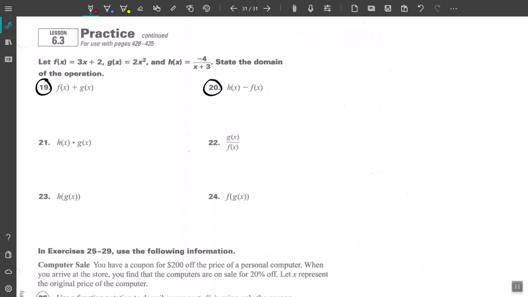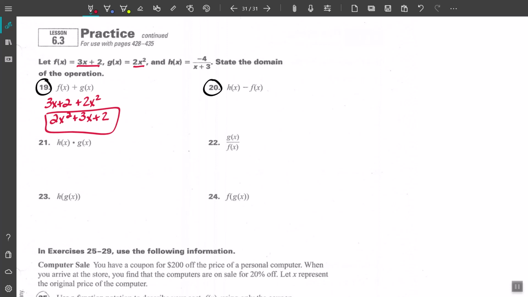We're going to add f of x, which is 3x plus 2, I'm getting that from right here, to g of x, which is just 2x squared. We're just adding the two of them together. There are no like terms there. You should be able to see that that's a quadratic, a trinomial. I'm just going to rearrange the terms so that they are in descending order of degree. And there's that final answer.